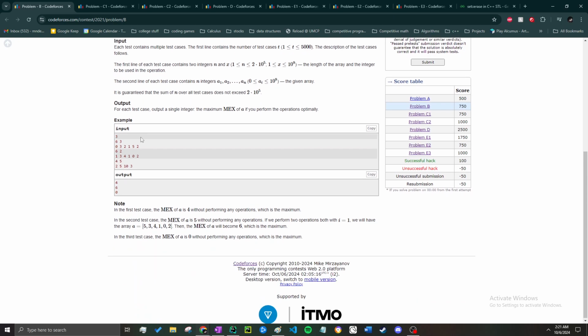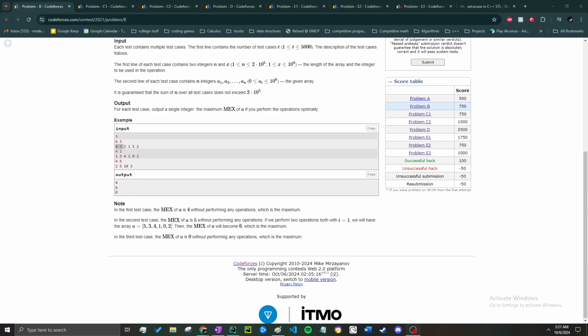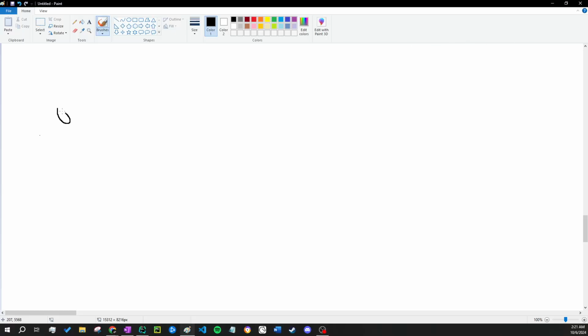So we're given pretty much this and x. So n equals 3. Let's just use 0, 3, 2, 1, 5, 2, and we're given x equals 3, right?